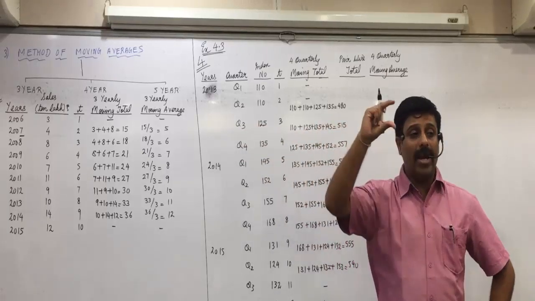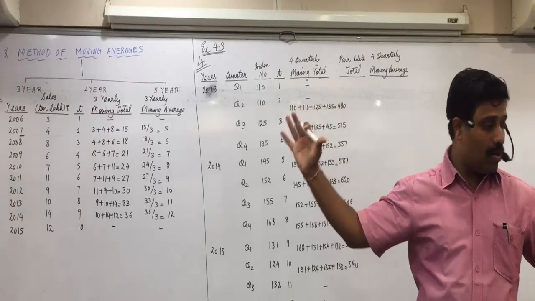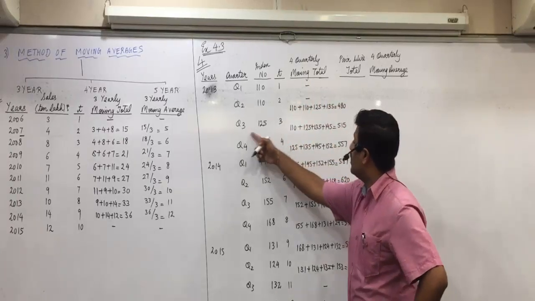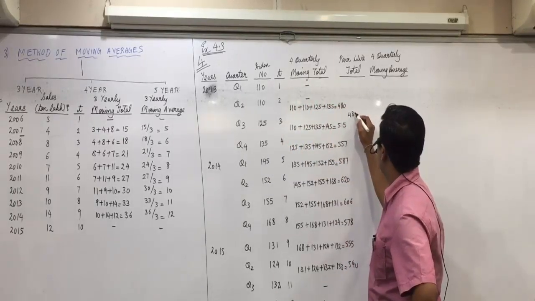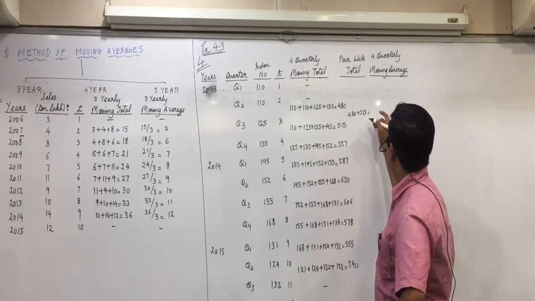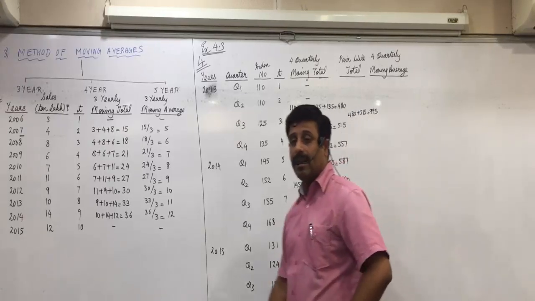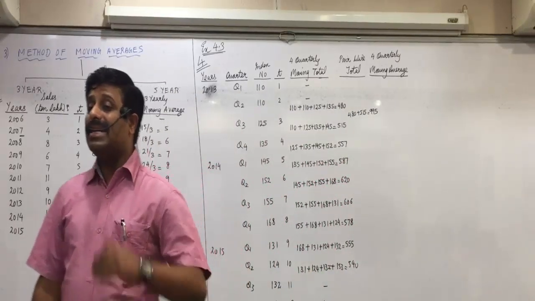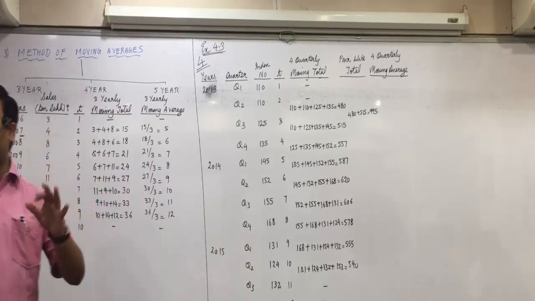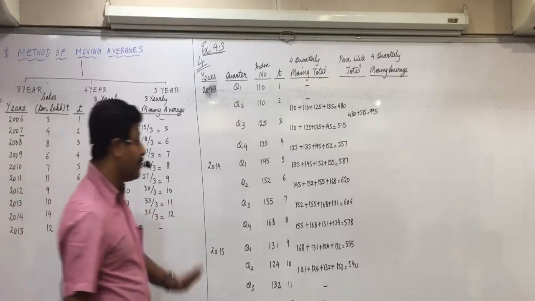So against quarter 3, you'll write 480 plus 515, 995. Understood this, everyone? That is why this extra column, to get the figures in front of the respective quarters.